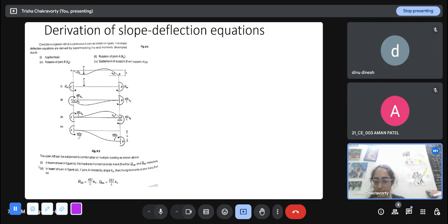In the beam shown, the fixed end moments at ends A and B will be MAB and MBA respectively.